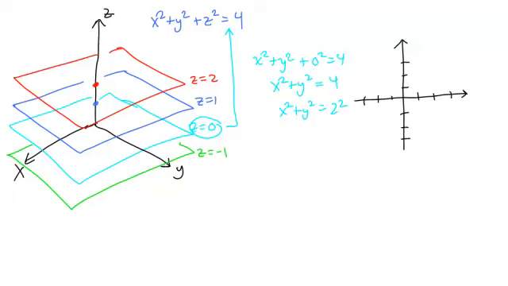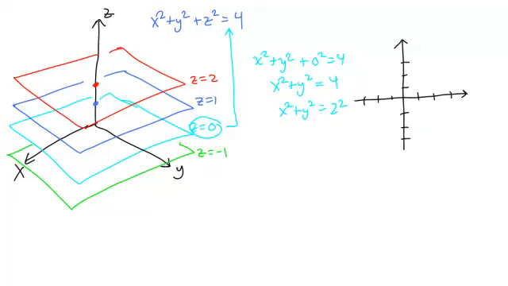If I mark that in this picture, this would be the picture I would see looking straight down the z-axis if I only saw the points at height 1. And I could repeat this for every other set of points. At height 2, we'd have the equation x squared plus y squared plus 2 squared is equal to 4. That's x squared plus y squared equals 0.